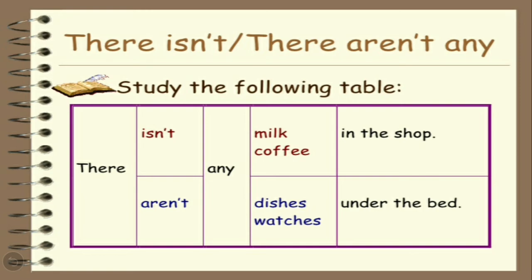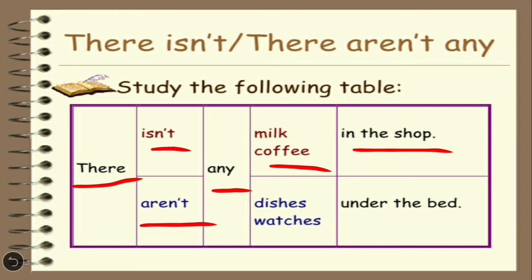Then there isn't, where do we use there isn't and where do we use there aren't any? So there isn't any milk or coffee in the shop. There aren't any dishes or watches under the bed. Now we'll see the explanation where it is used.